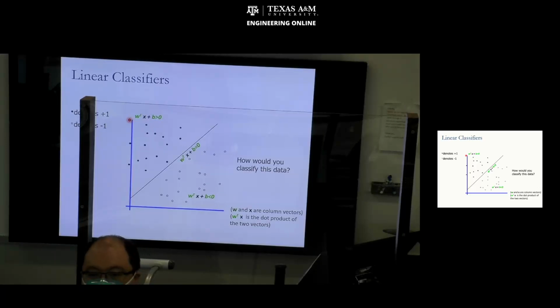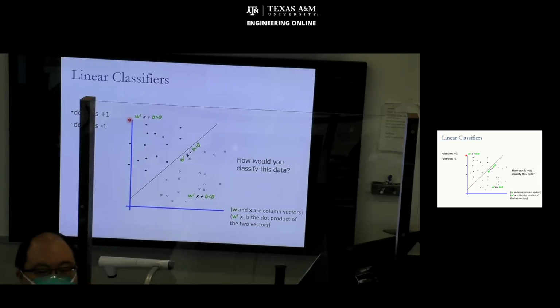Let's say the +1 class, so it should be bigger than 0. And the white points should be on the other side, so let's say it's class -1, then it should be less than 0. When I say it, I mean W transpose times Xi plus B, where Xi could be a blue point or a white point, right? So it's on the two sides.